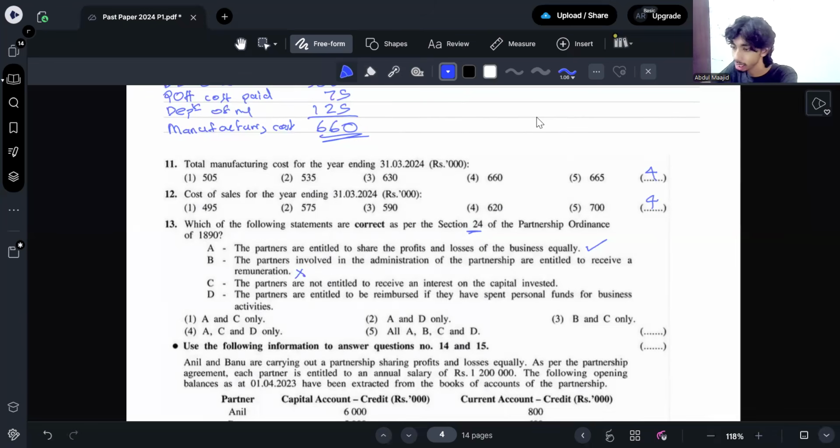No. As per section 24, they are saying partners should not get a salary for working in administrative purpose of the business. The partners are not entitled to receive an interest on capital. Correct. The partners are entitled to reimburse if they have spent personal funds for business activity. Correct. If the partner used their personal money for the business purpose, they have the right to get it back. That is what reimbursement is. So they are asking for the correct statements A, C, and D. That is answer number 4. Okay.